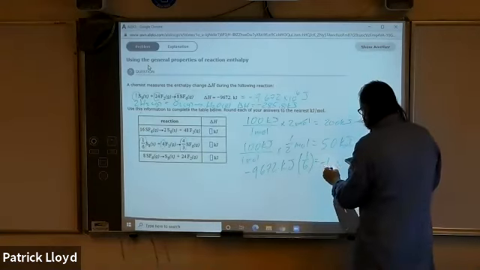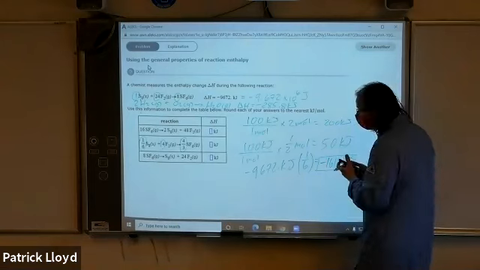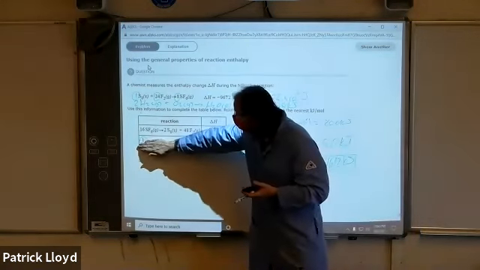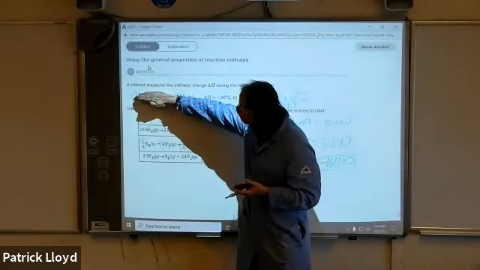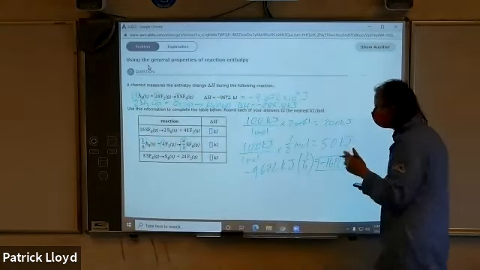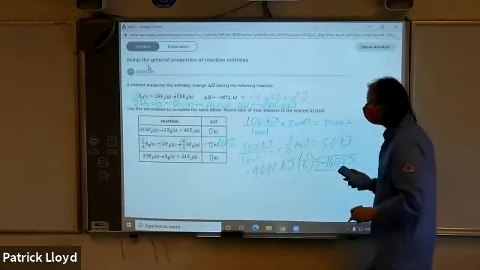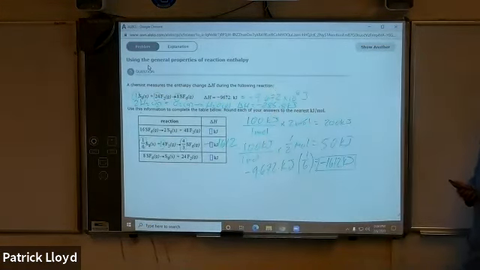Yeah, negative 1612. So really what you're saying is you've got 1/6 the amount here that you have over here, so you have 1/6 the energy. So that would be negative 1612. No unit conversions or anything like that.